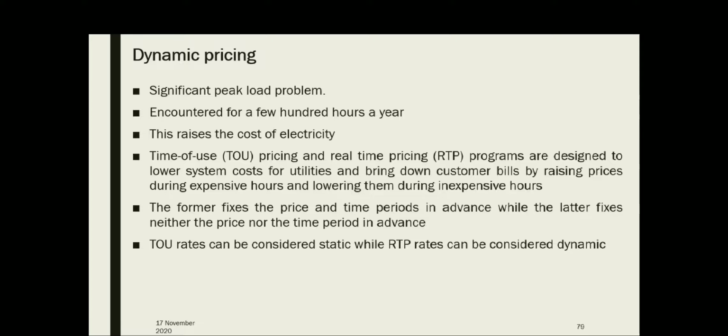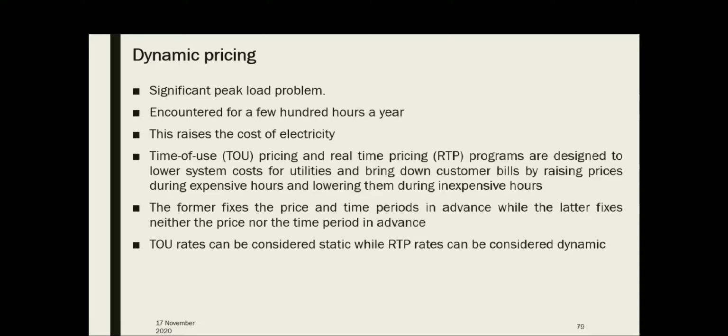Time of use or TOU pricing and real-time pricing (RTP) programs are designed to lower system costs for utilities and bring down the customer's bill by raising prices during the expensive hours and lowering them during the inexpensive hours. Actually, the former fixes the price and time periods in advance, while the latter fixes neither the price nor the time period in advance.